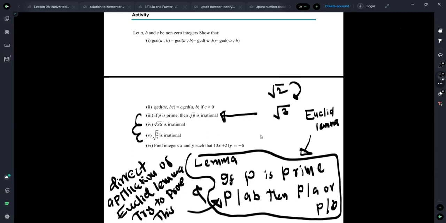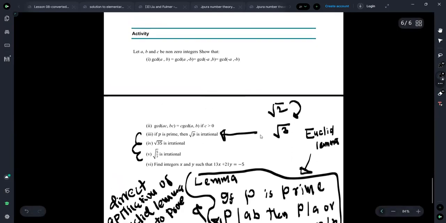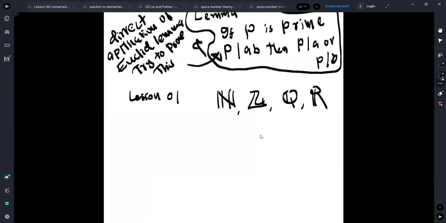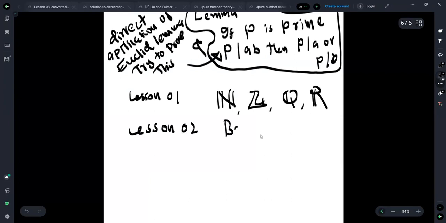Next session, I want to mention what we did so far. In lesson 1, we learned about the sets of integers and rationals. In lesson 2, we learned about basis representation.